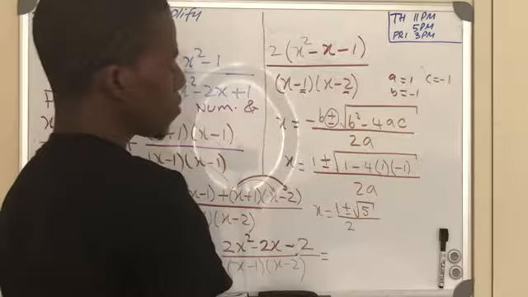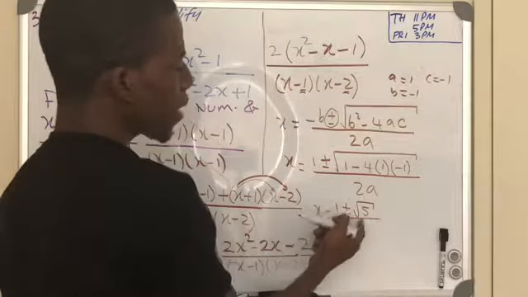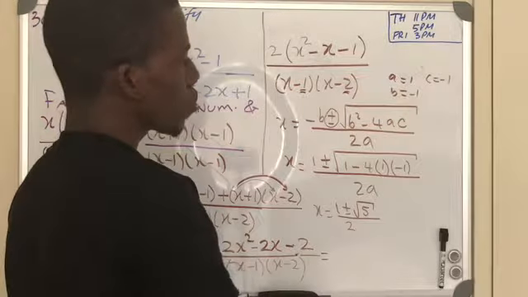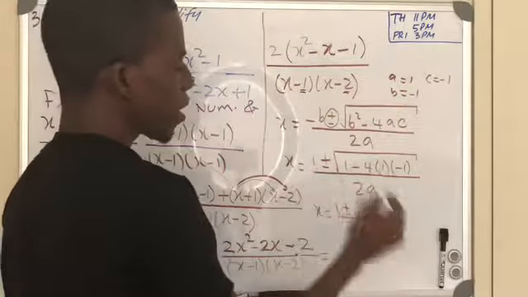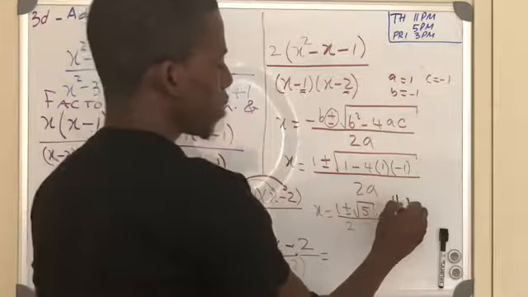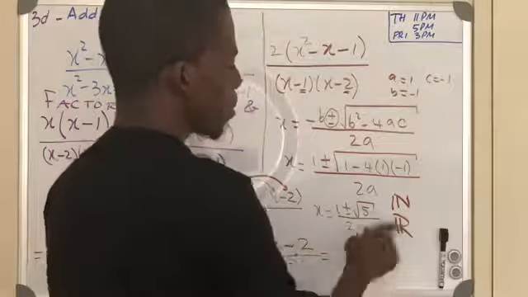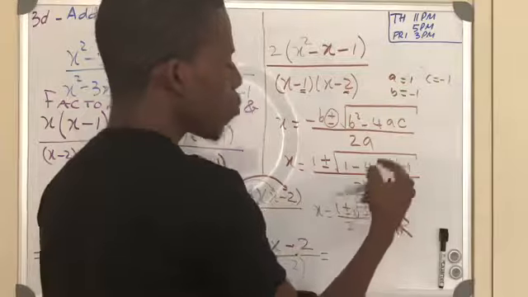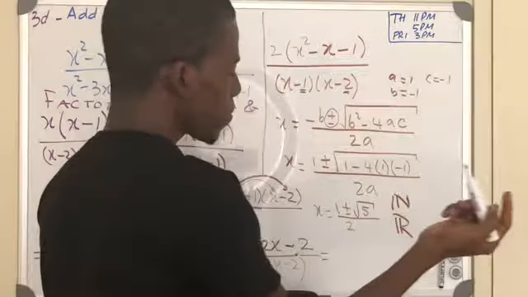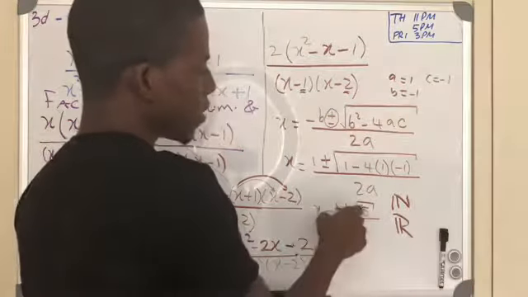Those are my 2x value. While here, I cannot have this 2x value because square root of 5 is not a natural number. It's not a number in the natural system. It's a real number, but it's not a natural number. It's not like 1, 2, 3, 4, 5, etc. It's going to be a decimal.